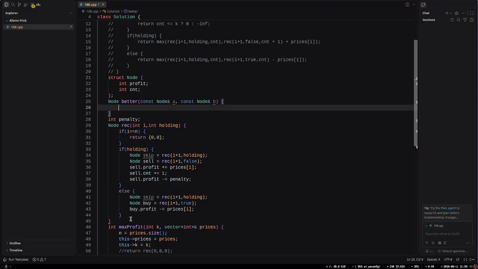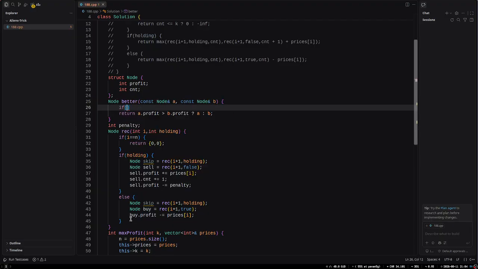So when can you say that a particular node is better? When A's profit is higher than B's profit, A is a better node, otherwise B is a better node.